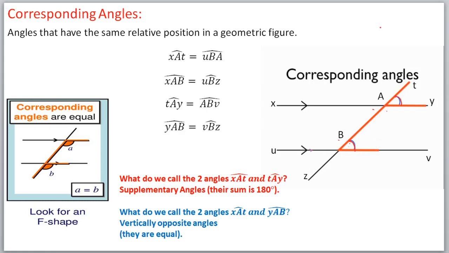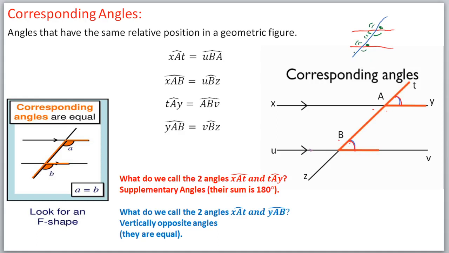So if we draw two parallel sides like that, and I draw another transversal line in that way, the angles that are equal to each other are this one and this one. They are called corresponding. Also this one is equal to this one, also corresponding. This angle is equal to this angle, corresponding.